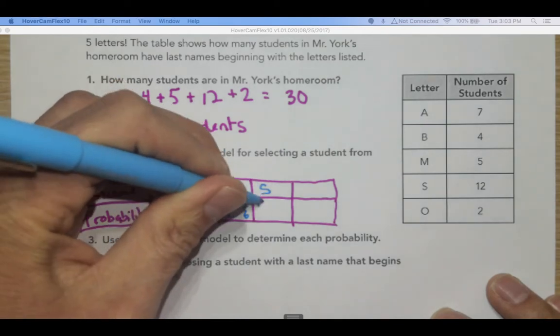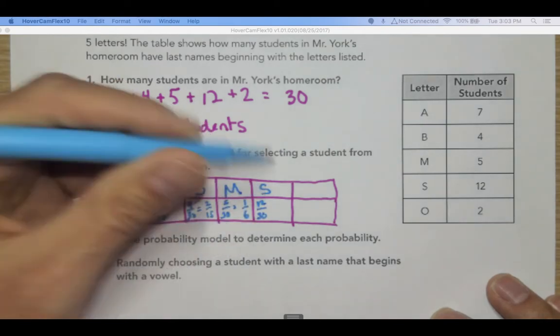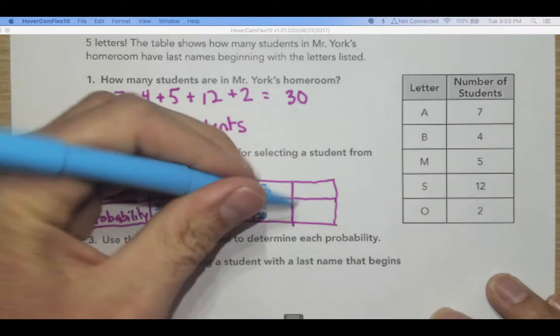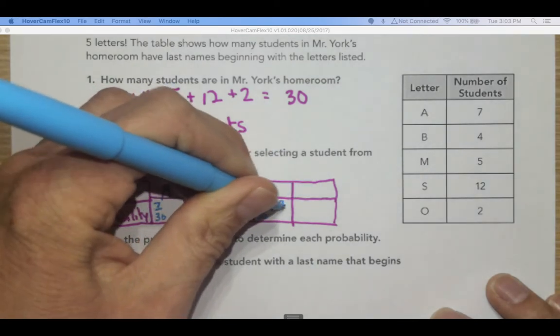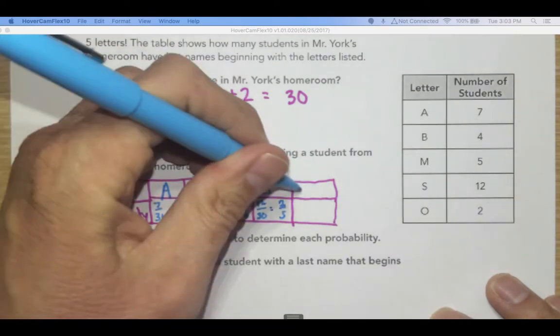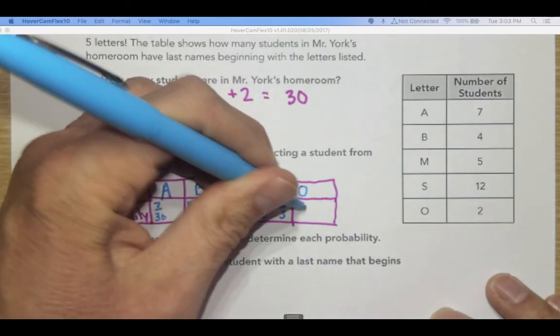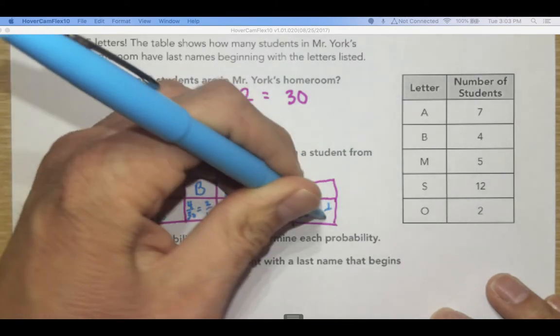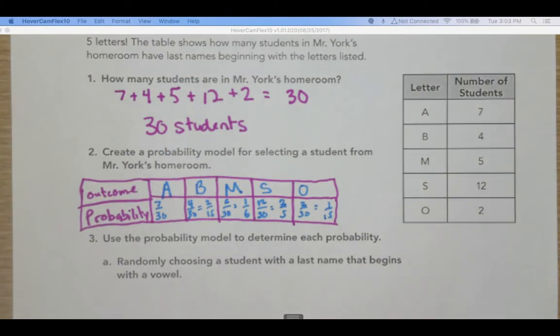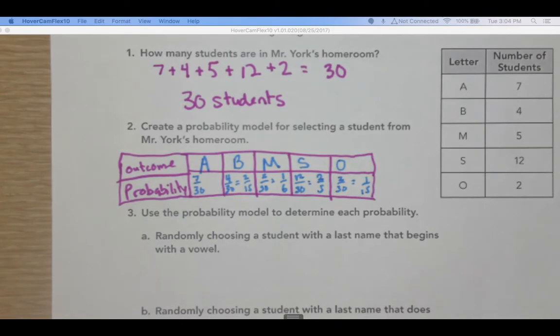S is 12 over 30, which I can change into 2/5. And then O is 2 out of 30, which I could reduce to 1/15.